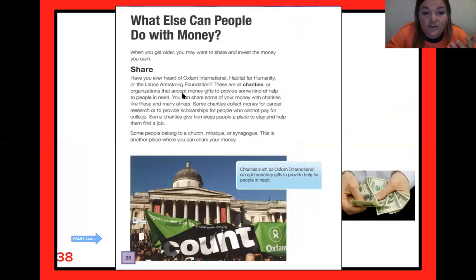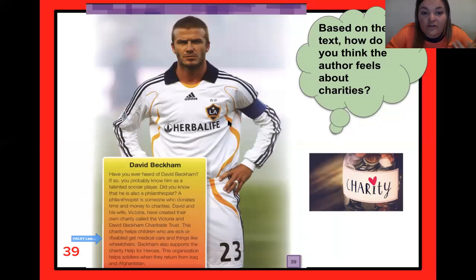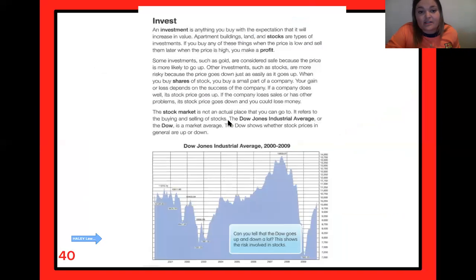She also shares some of the ways that they help people. Some collect money for cancer, some provide scholarships so people can go to college, and some help homeless people. So she's explaining all of the different things that charities can do. Another thing you can do is invest. So let's read about investing.